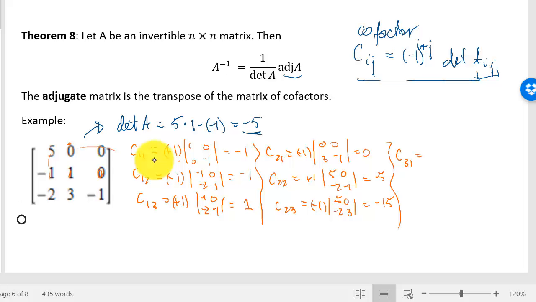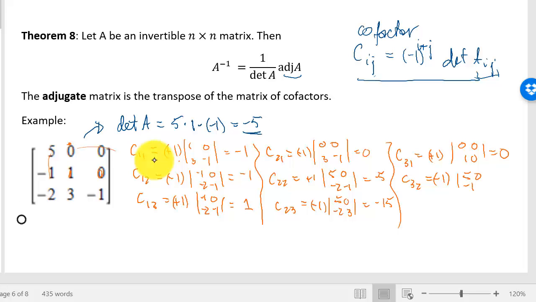C31 is going to be a positive value. Sorry, positive, negative, positive. Yeah, so it's a positive value, so +1. And then the submatrix is 0, 0. Again, we have a row of zeros, so that's just going to be 0. C32 is going to be -1. And then cross that out, we get 5, 0, -1, 0.